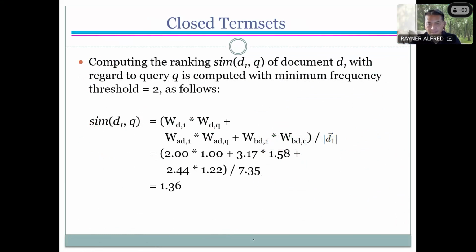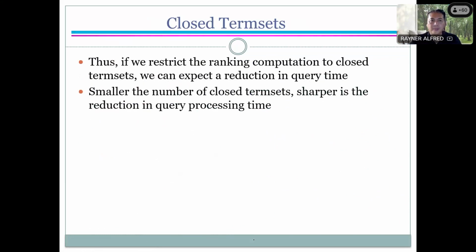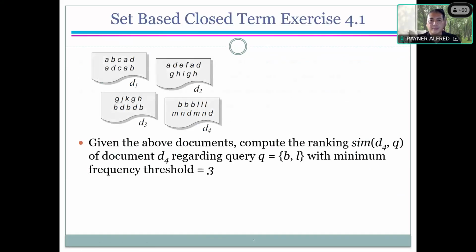Any question? Okay. So the purpose of having this closed term set is to restrict the ranking computation to closed term sets only, and it will reduce the query time. Any question?